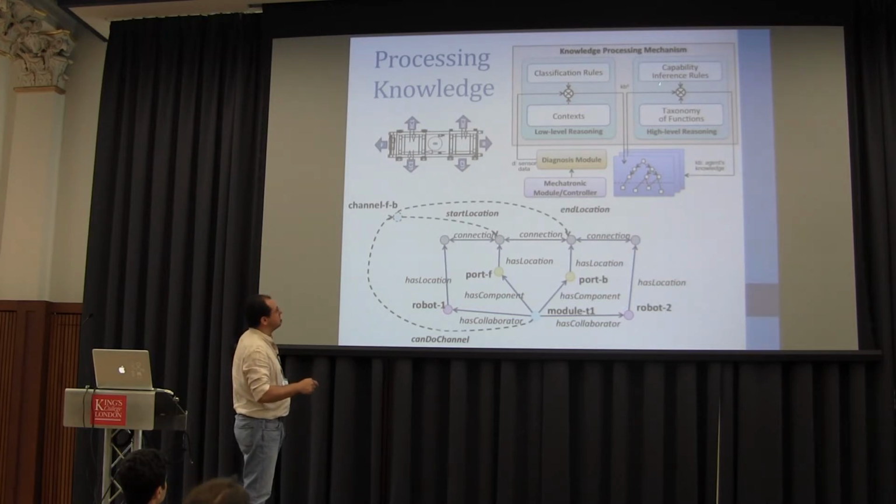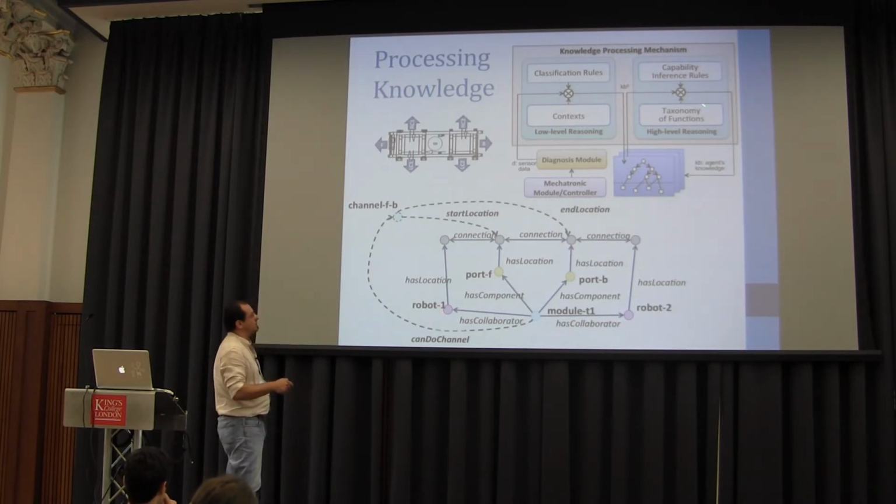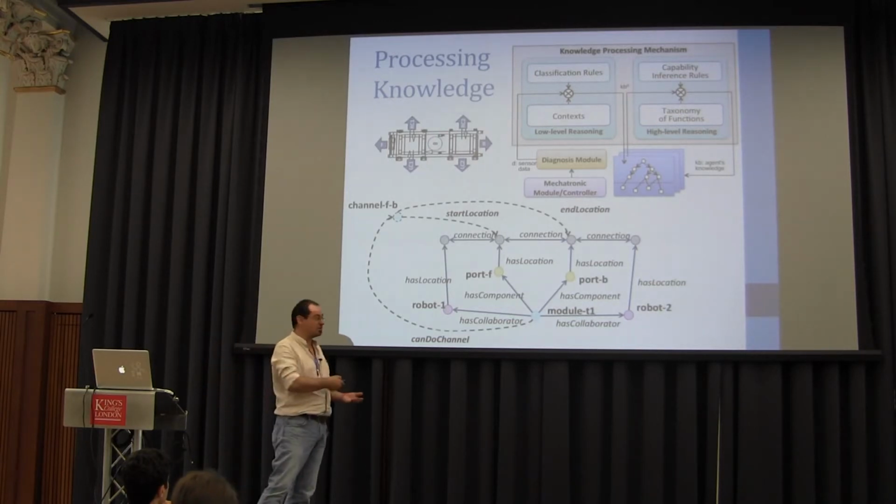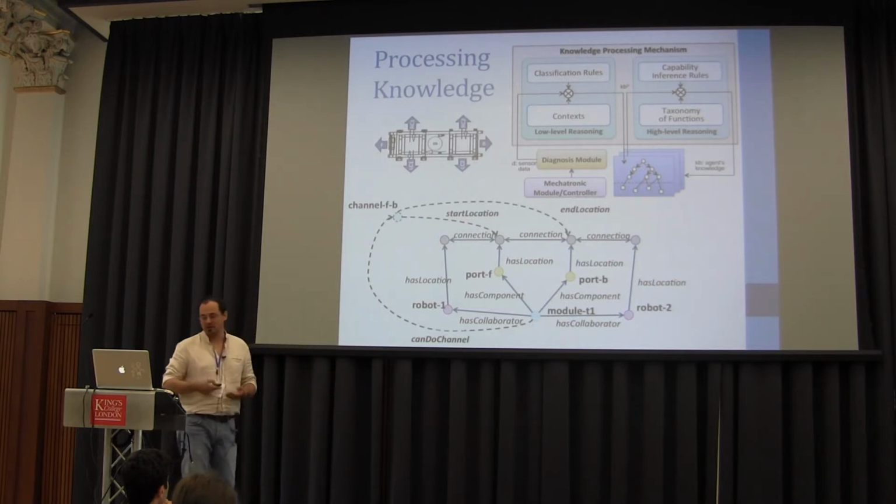And then the second step is exploring capability inference rules that are domain-dependent, of course, and that allow, with the exploitation of the taxonomy of function, to infer the actual functionalities that the agent is able to actually implement and provide in the shop floor.